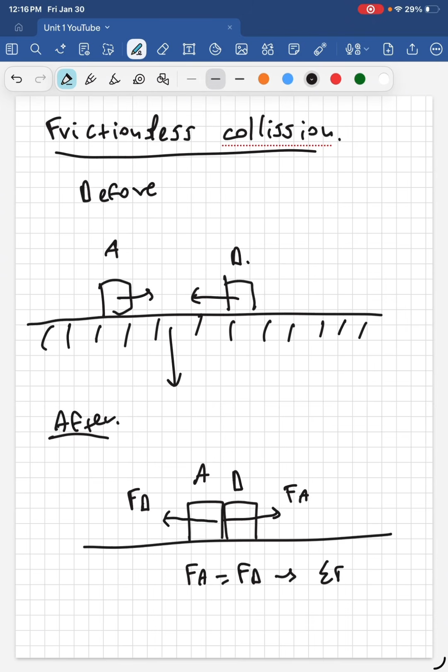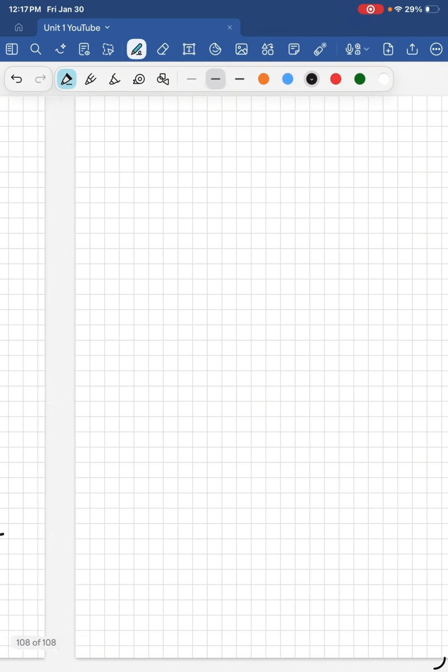Therefore, total force is 0. That's why the momentum is conserved. And this is an example of Newton's third law because it involves two objects: two forces, one on one object, one on the other, equal and opposite. So that's another example of Newton's third law.